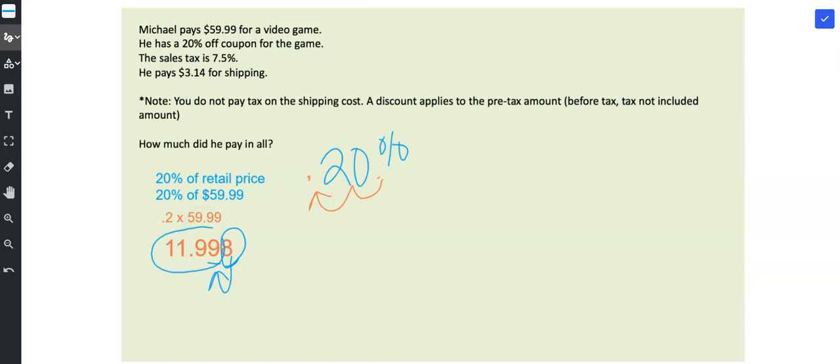So just think about it. What is 1 more cent than $11.99? Well, that would be $12. So the discount is $12. So what we would do to figure out the price of the video game is we take the $59.99 and then we would subtract the $12.